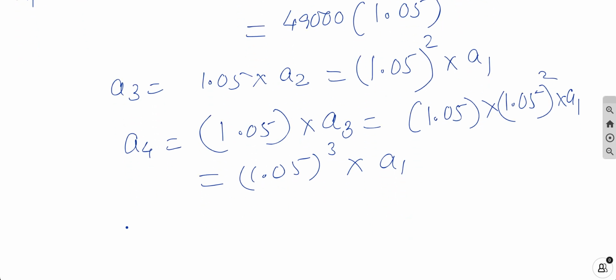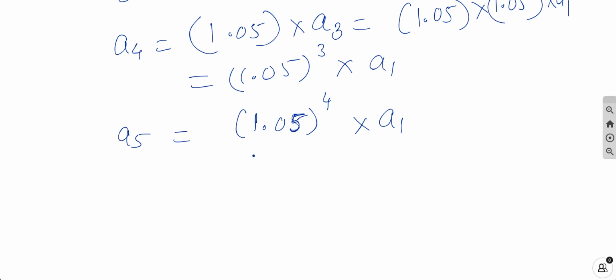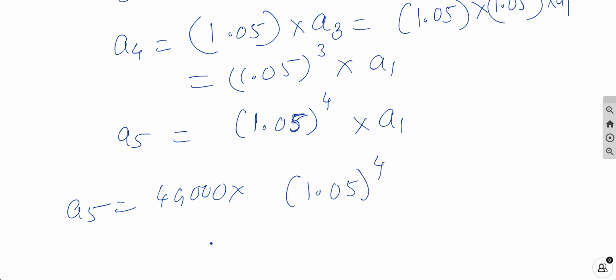What will happen at the end of 4 years, which means in the beginning of the 5th year? That's what they're asking. Logic says 1.05 to the power 4, because 4 more years have passed after the first salary. So your A5 should be 49,000 times 1.05 raised to 4.